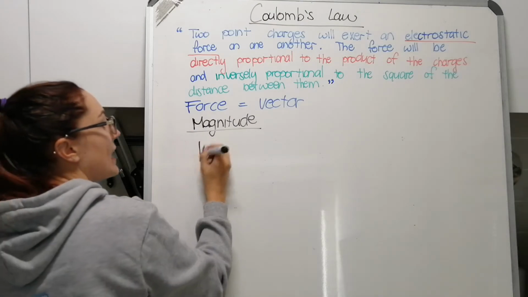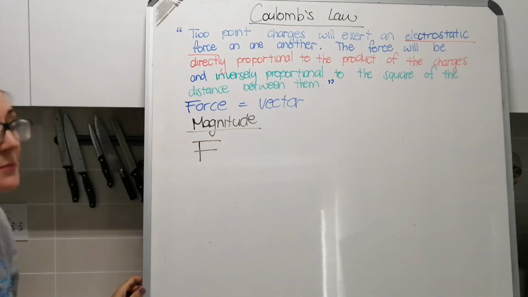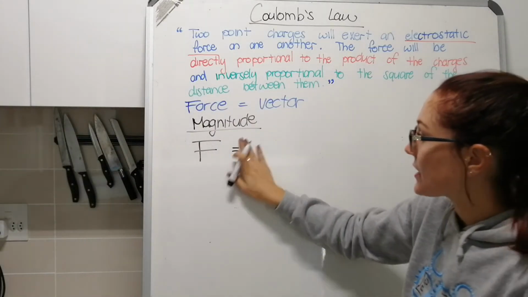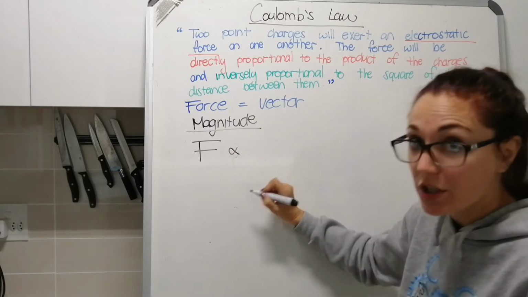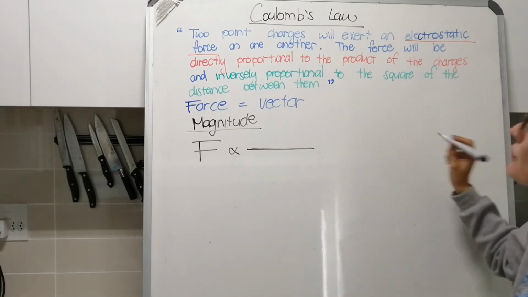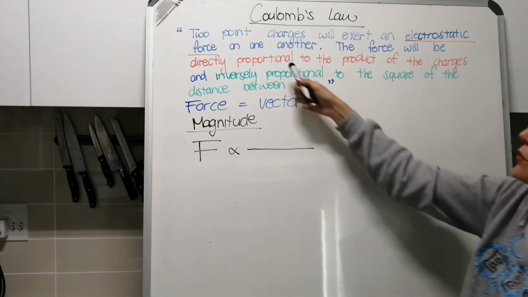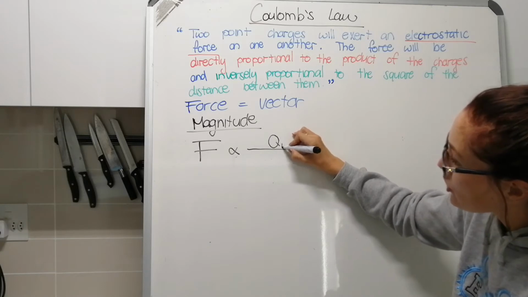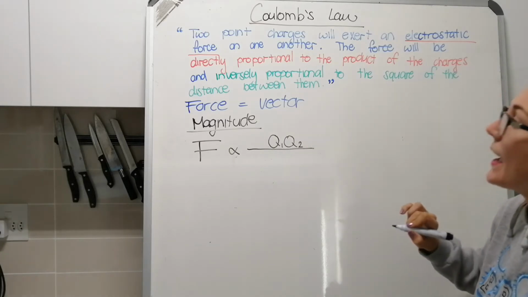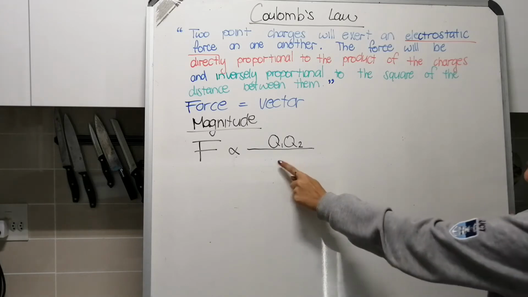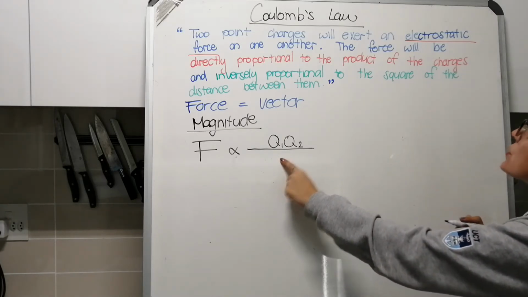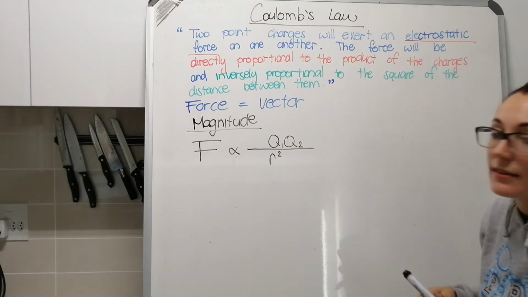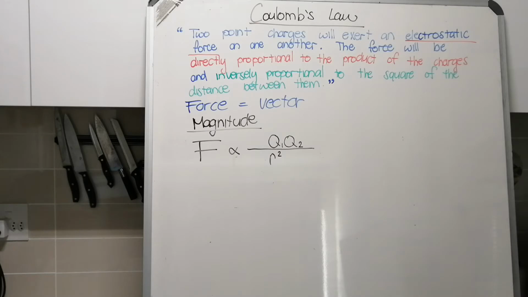The force experienced is directly proportional to the product of the charges on each of our point charges, charge 1 and charge 2, and inversely proportional to the square of the distance between them. We use r to indicate the distance between them, so it's inversely proportional to r squared.